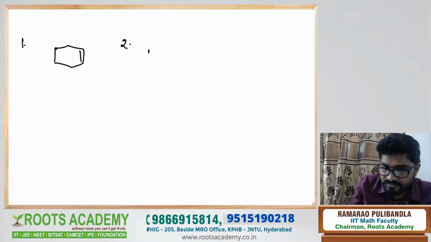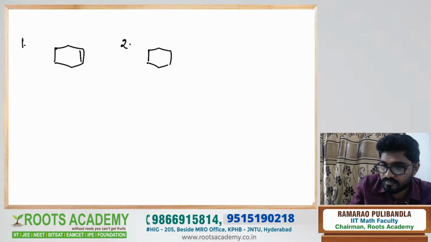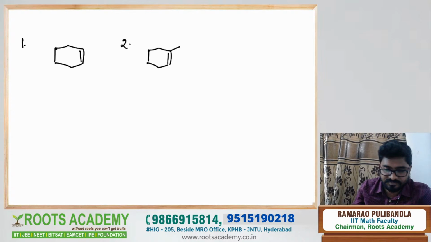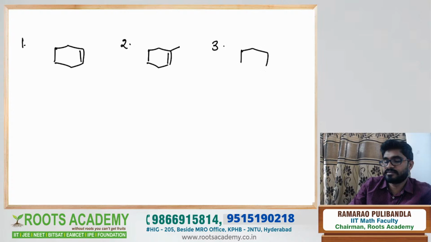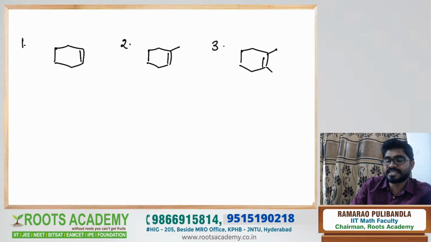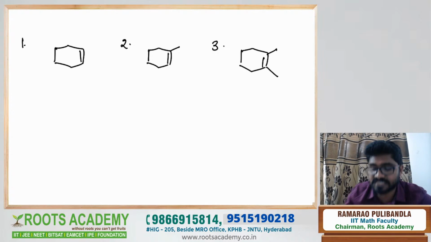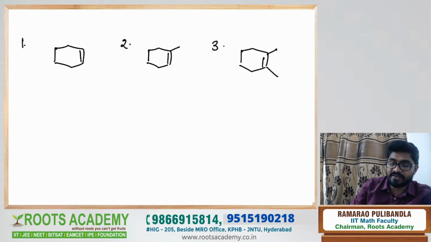First one. Second one. And third one. Now guys, you decide how many hyperconjugations, which is more stable. Same, again we are talking about stability order.